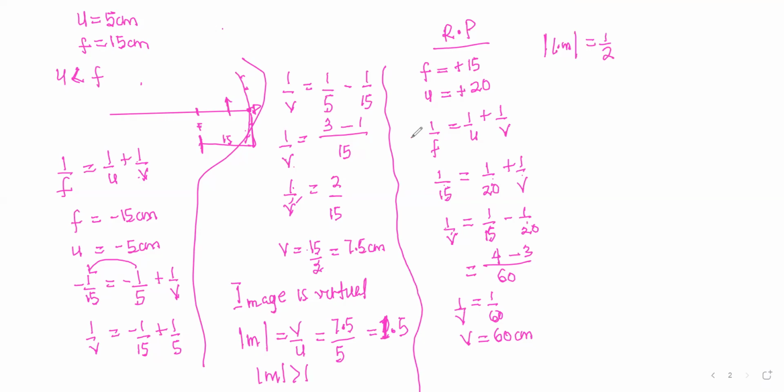I'm going over the question. An object is 30 centimeters from a spherical mirror along the central axis. The absolute value of lateral magnification is half, 1 over 2. The image produced is inverted.